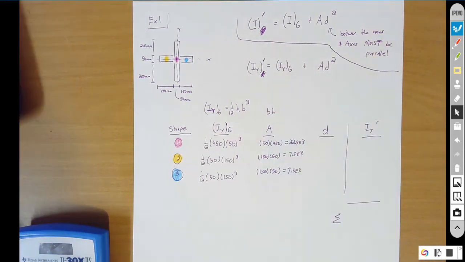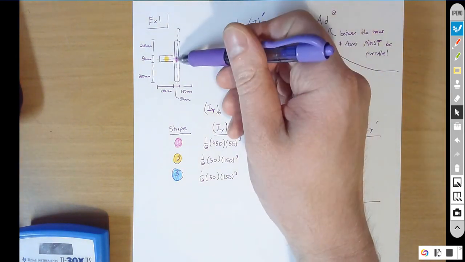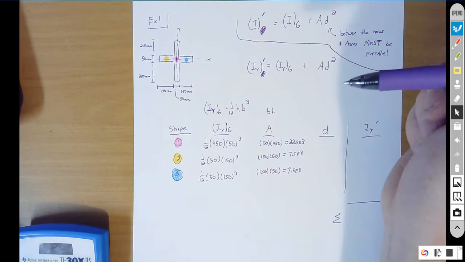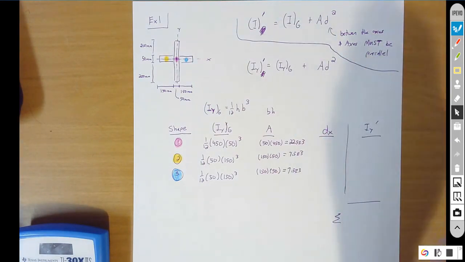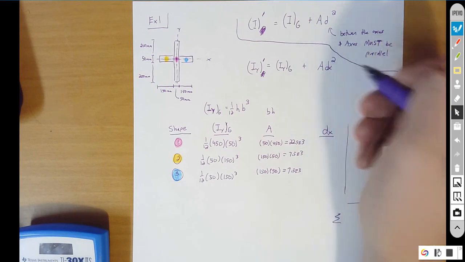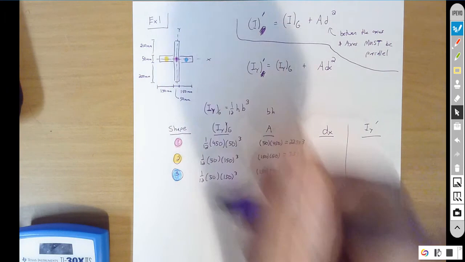And then our distance is how far away we are from the axis. In this case, we are trying to get to this y-axis here. So we're asking how far in the x direction, so this is actually a dx if it helps. How far in the x direction do I need to move to get there? For the pink one, I don't move at all.